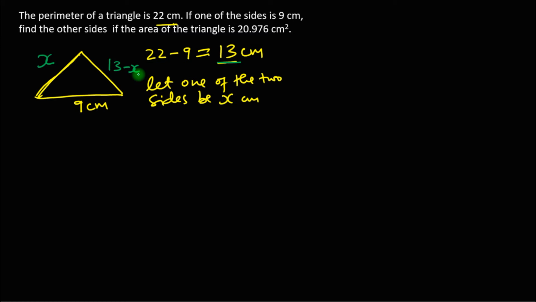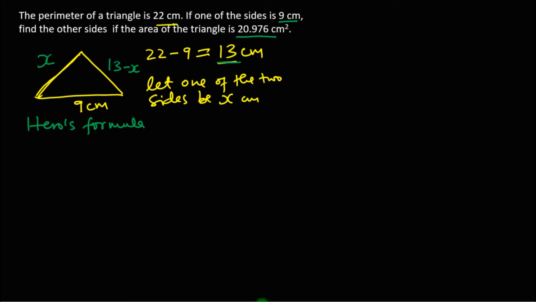Then from there, we can now use Hero's formula to solve for x, since we have been given the area, one of the sides, and also the perimeter.